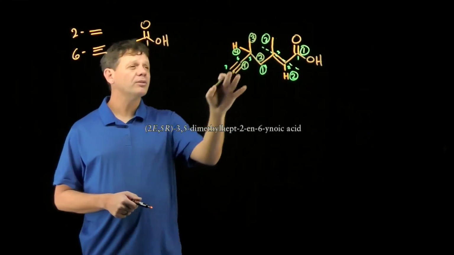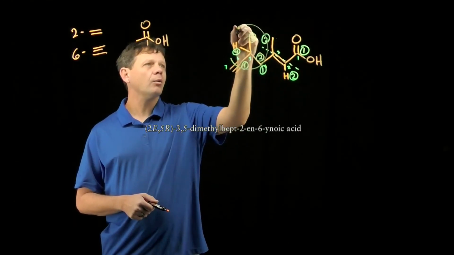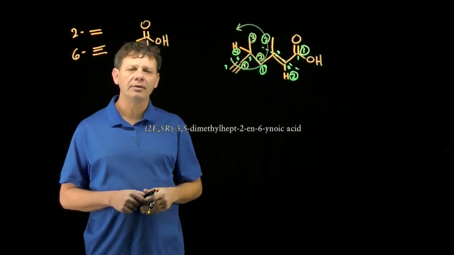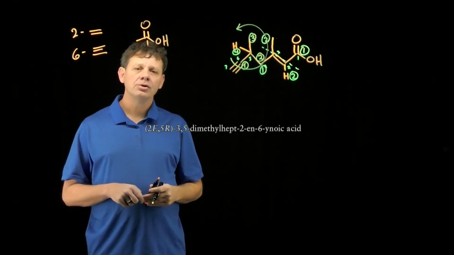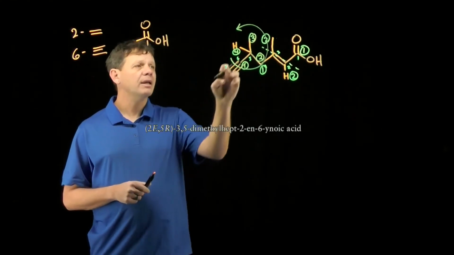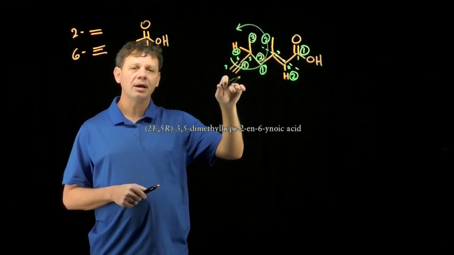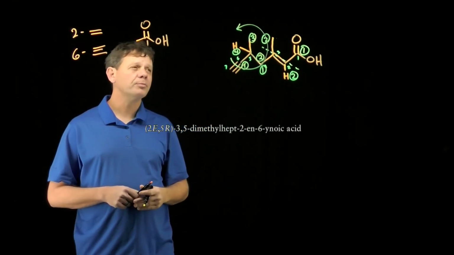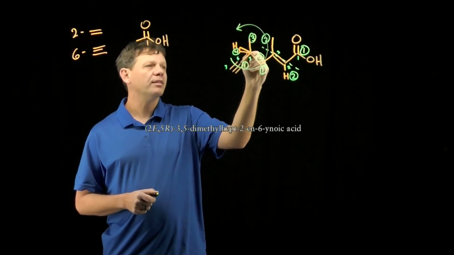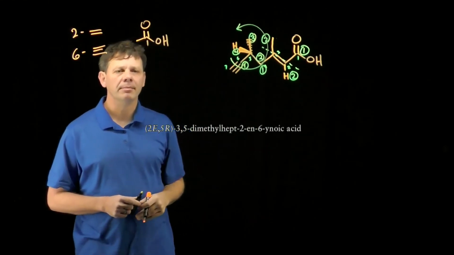And so what you notice is the way this is drawn is we're going counterclockwise. And so if we're going counterclockwise and we want R, should the lowest priority substituent be coming forward or backwards? If we have counterclockwise, in order for that to be R, we want the lowest priority substituent to be coming forward. And so we know that this H should be coming forward, the methyl group should be coming back.